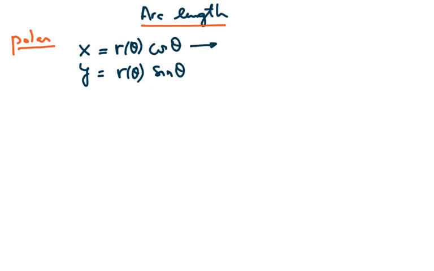So the derivative of this one is, this formula here is a product, so we'll use the product rule for derivatives. That will be the derivative of the first one times the second one as it is, plus r times the derivative of cosine, which is minus sine.